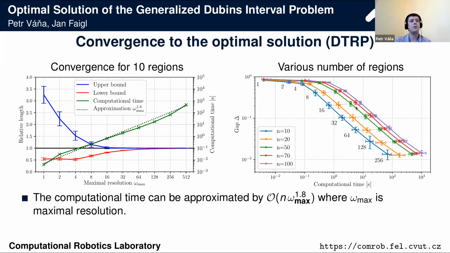And once we go for multiple regions like 100 here, it just moves on the logarithmic scale, but only by a factor of 10. So we can say that the approximated computational complexity is linear in the number of regions, which may be quite surprising.